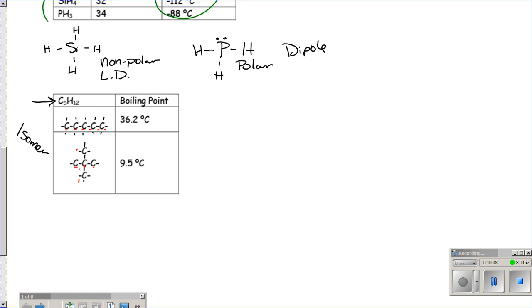So we know that the longer the carbon chain, based on this data, that's going to equal stronger London dispersion interactions. We know that these are London dispersion interactions because the carbon-hydrogen bond is a nonpolar bond.